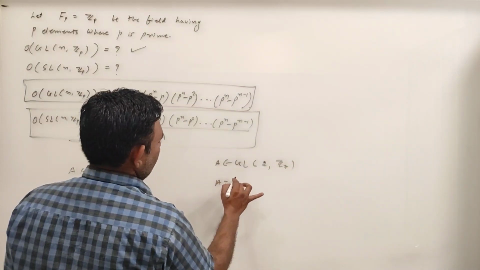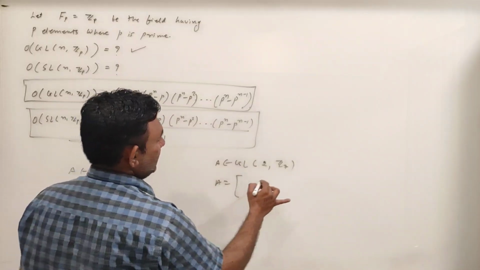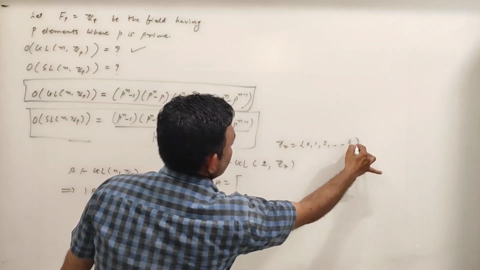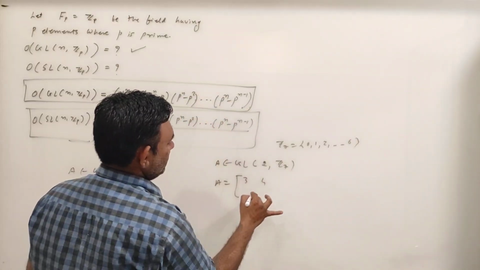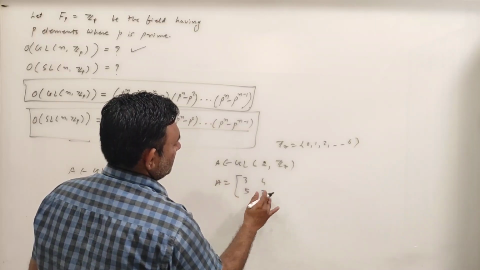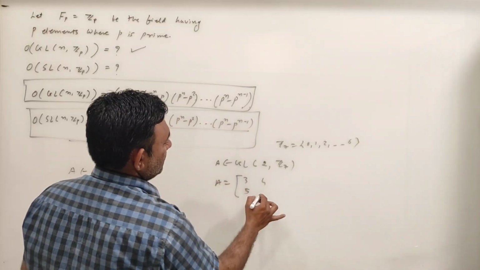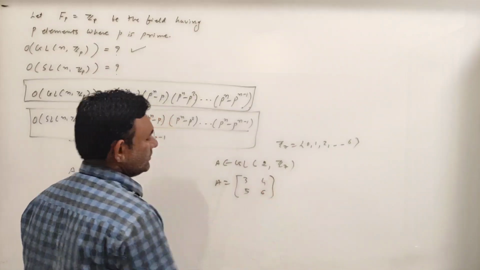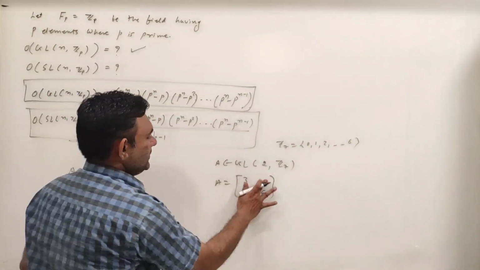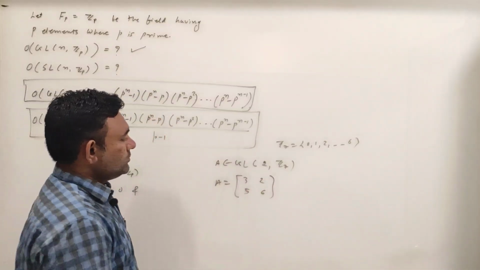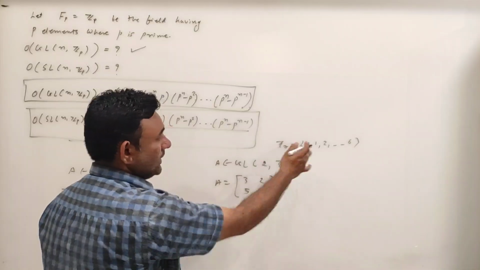Z7 is what? 0, 1, 2 up to 6. So you consider 2, 3, 5, 6, all are elements of this.